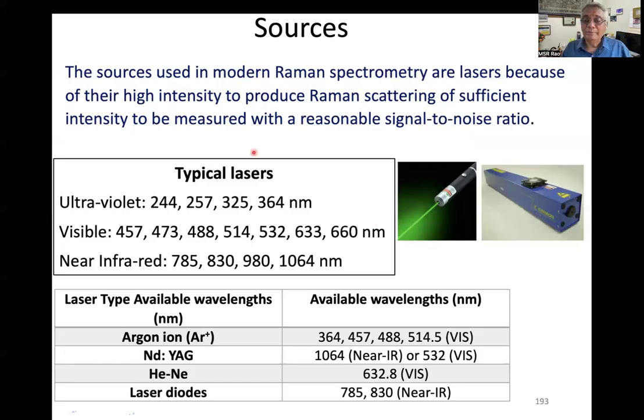The modern Raman spectrometers use lasers of all types, ultraviolet lasers starting from 244 nanometers, visible lasers, and infrared lasers, all the way from 244 nanometers to 1064 nanometers. That's the reason why the technique is so versatile in dealing with all types of materials. Various laser types I've already mentioned, the argon laser, helium neon laser, laser diodes, and so on.